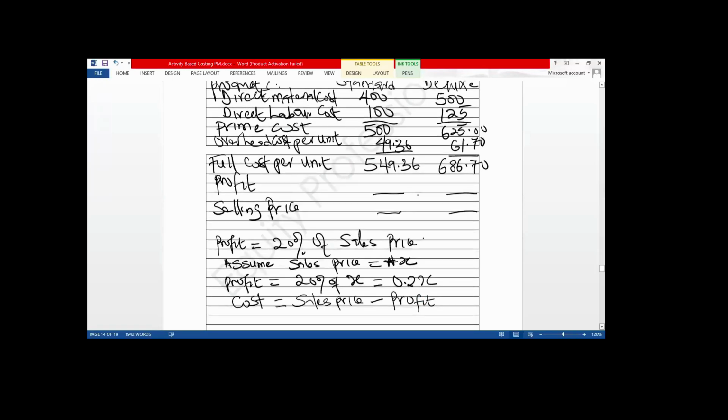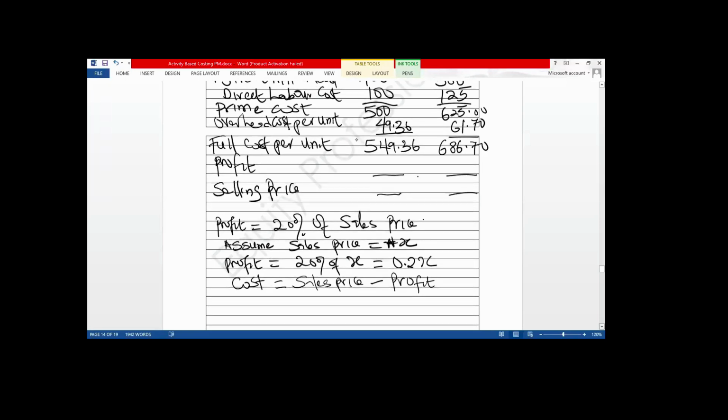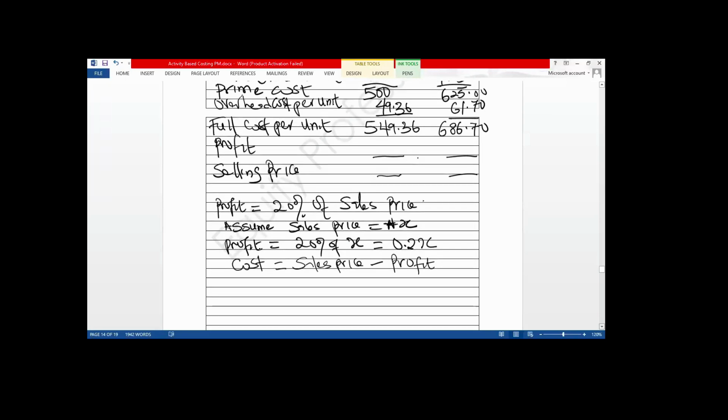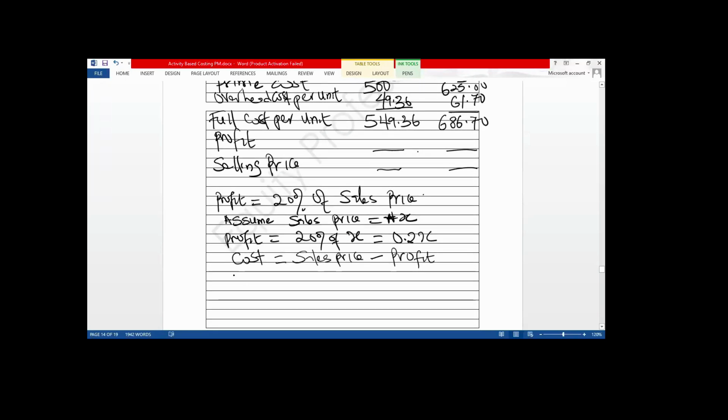I know my cost here for the first product is 549.36. My sales is represented with X, minus my profit 0.2 of X. What is X?